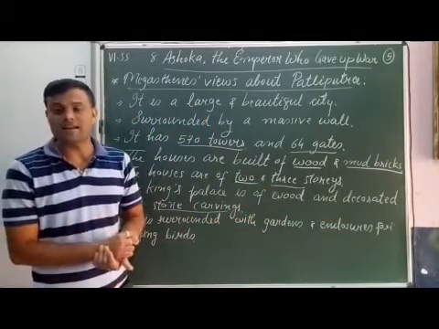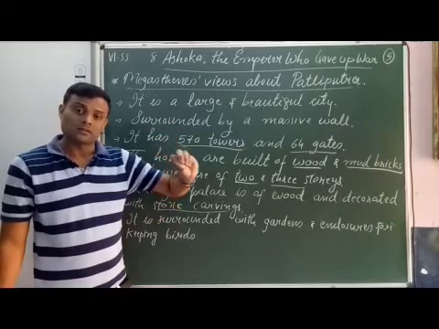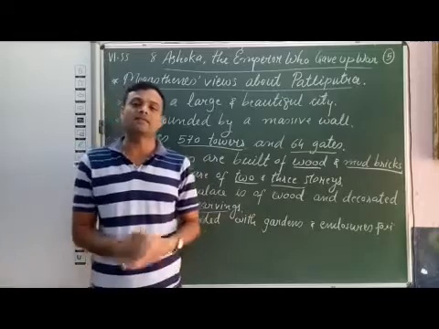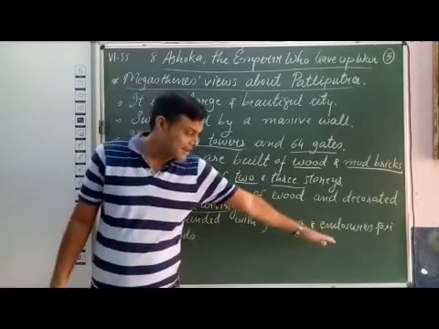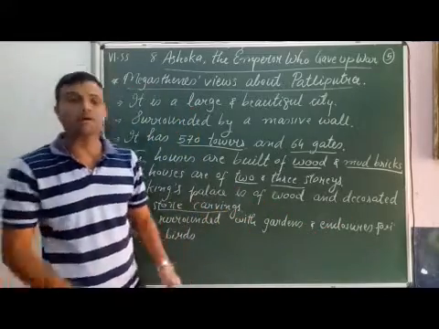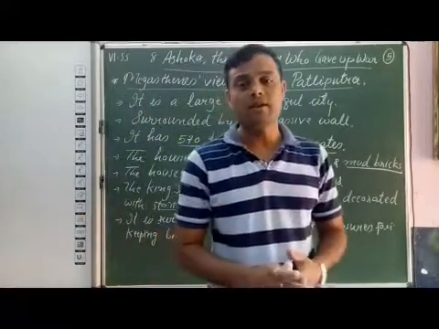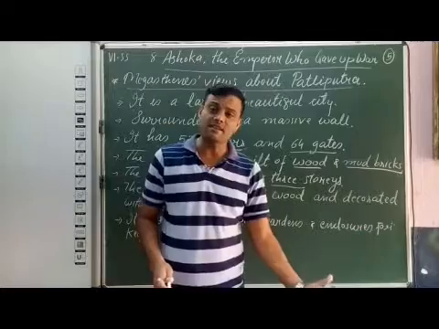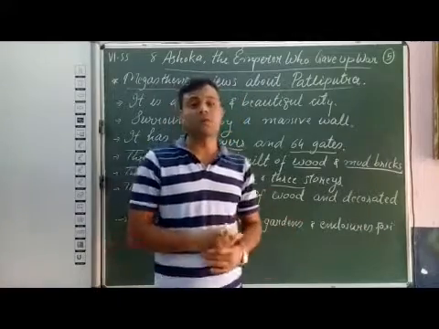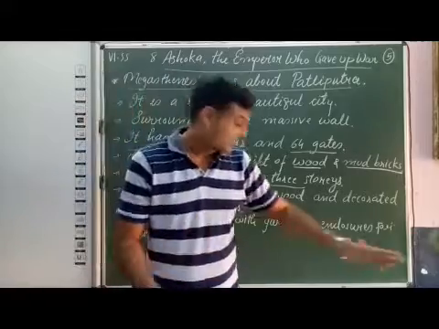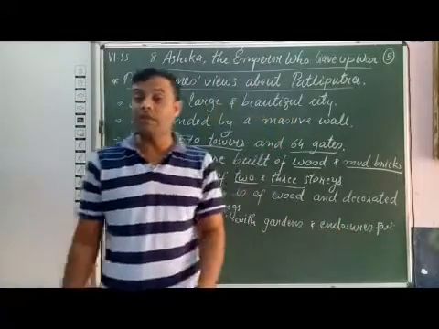Then he further added that the emperor's palace is surrounded with gardens and enclosures for keeping birds. Why were there enclosures for keeping birds?